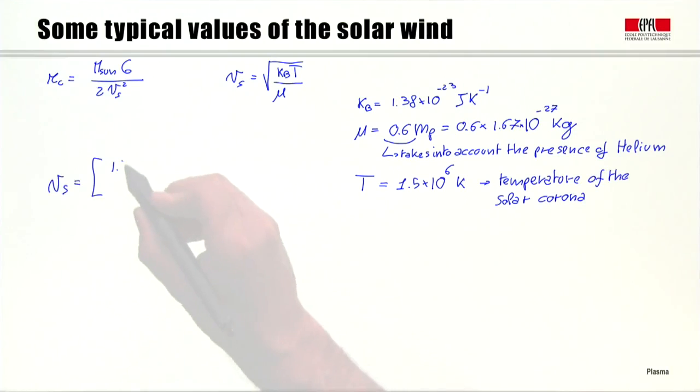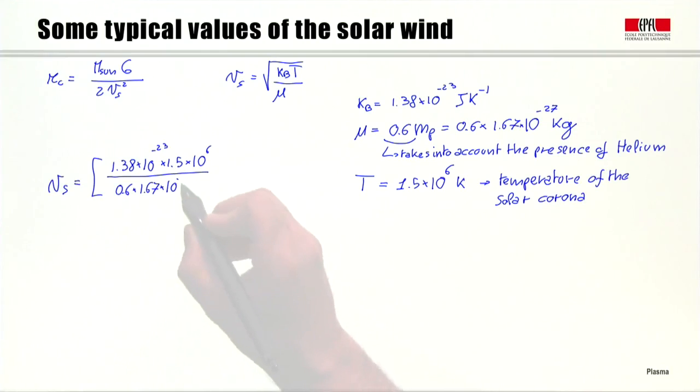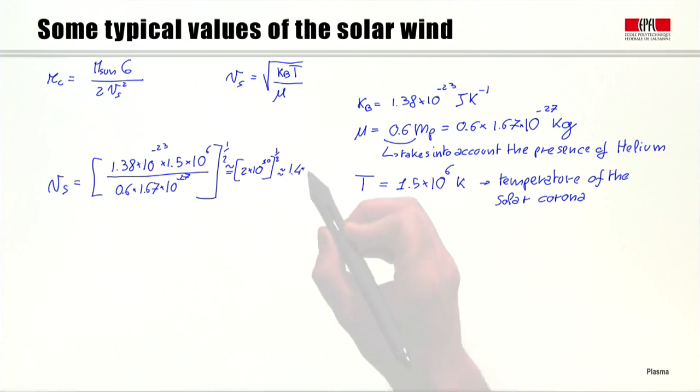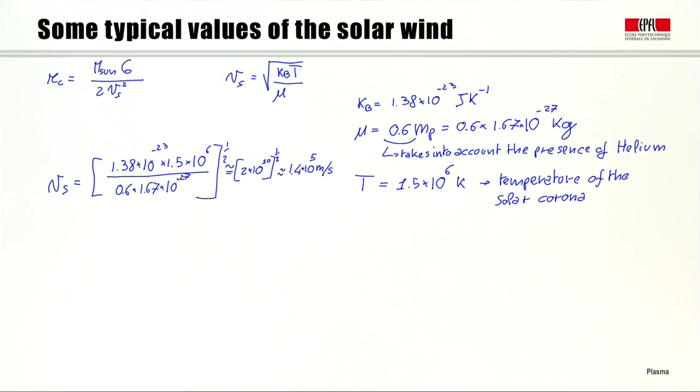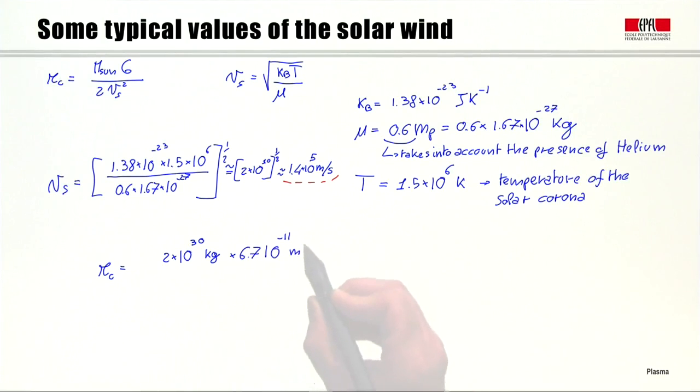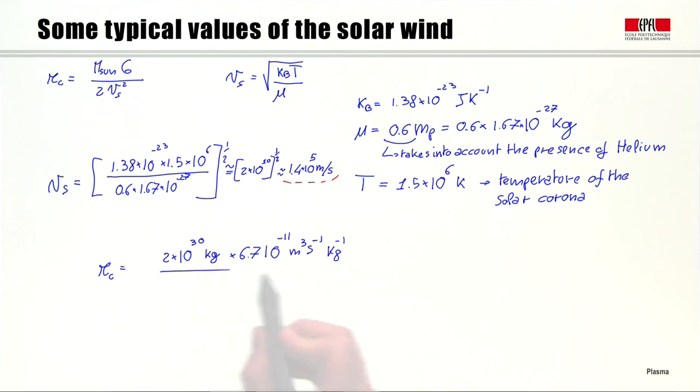Now we can plug these numbers into the formula and estimate the value of the sound speed. This results in a sound speed of approximately 1.4 × 10^5 meters per second. We can now compute the value of the critical radius RC by plugging these numbers into this formula, where we have to remember that the total mass of the Sun is approximately 2 × 10^30 kilograms, times the value of the gravitational constant, which is approximately 6.7 × 10^-11 cubic meters second^-2 kilogram^-1.